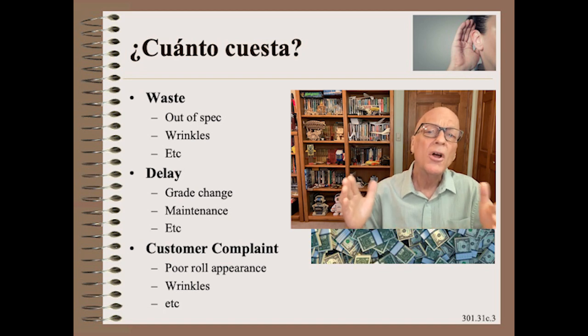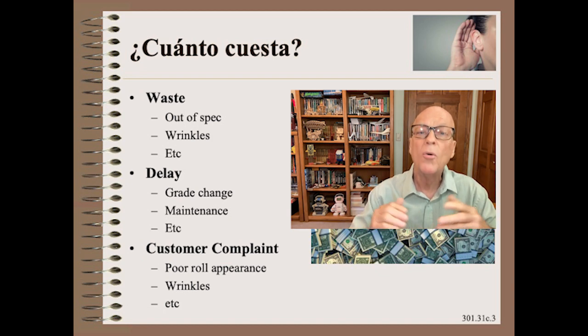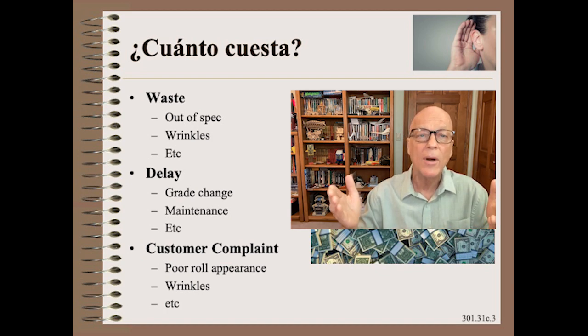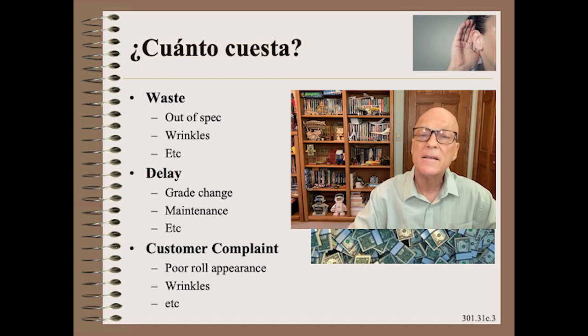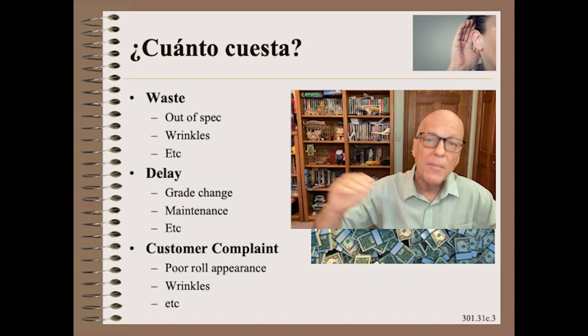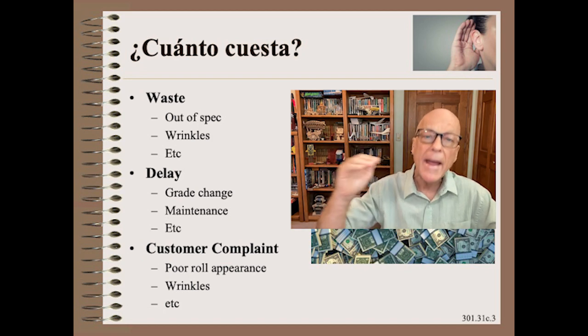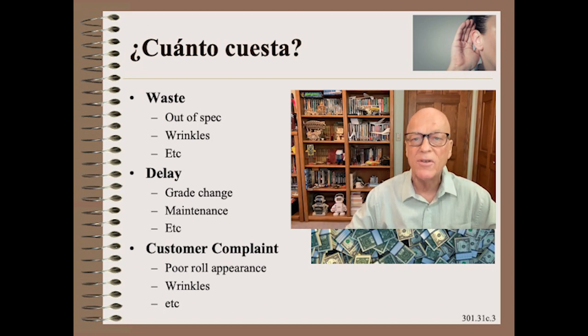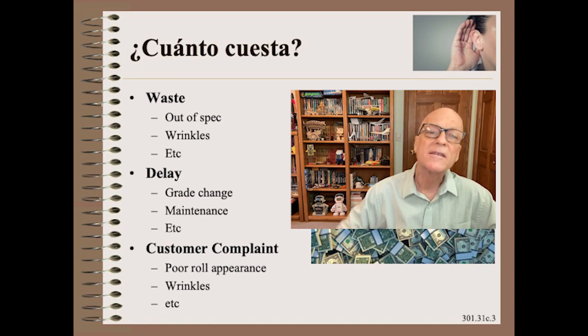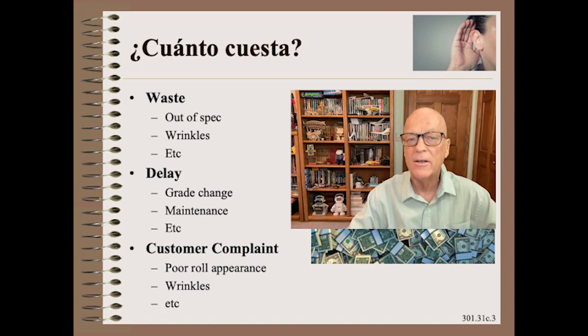But for now, we will explicitly list what everyone should know who works around web machines and web products. That is, the ranked top 3 causes of waste, as well as the ranked top 3 causes of delay or downtime, as well as the ranked top 3 causes of customer complaint or returns.